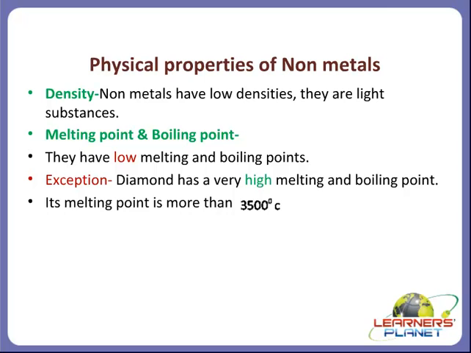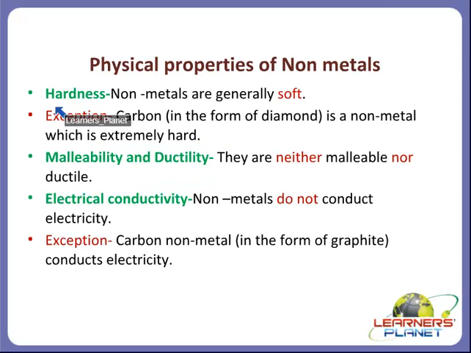Now let's take up the next physical property, that is hardness. Non-metals are generally soft. We all know they are gases, liquids or solids. Even if they are solids, they are soft because a strong bond is not present there.